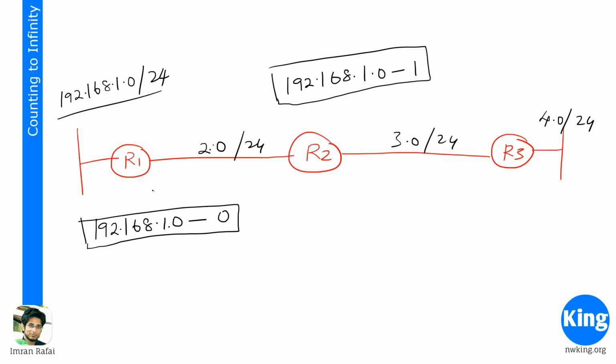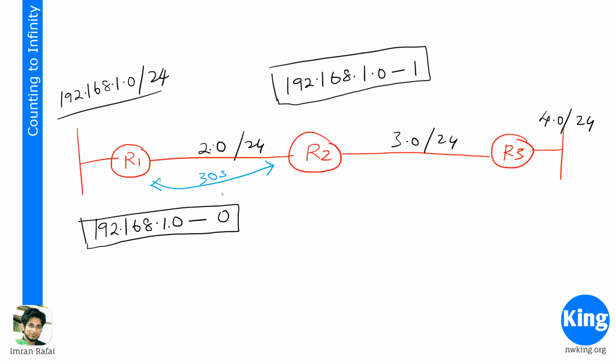When it sends an update as part of the routing protocol, RIP, every 30 seconds they send an update to each other. So when R2 gets an update which says 192.168.1.0 is available with a hop count of 0, it just adds 1 to it, and says, okay, 192.168.1.0 is accessible to me with a hop count of 1 through R1, right? This is how normally the routing tables are populated.